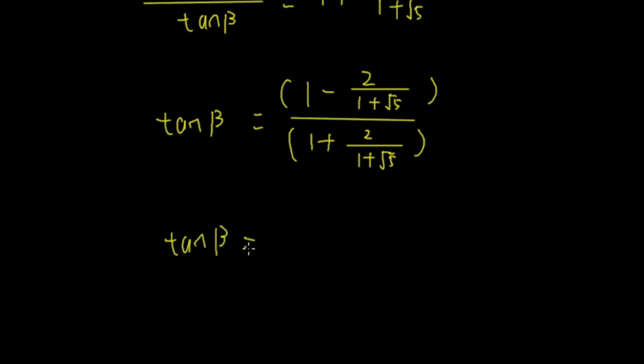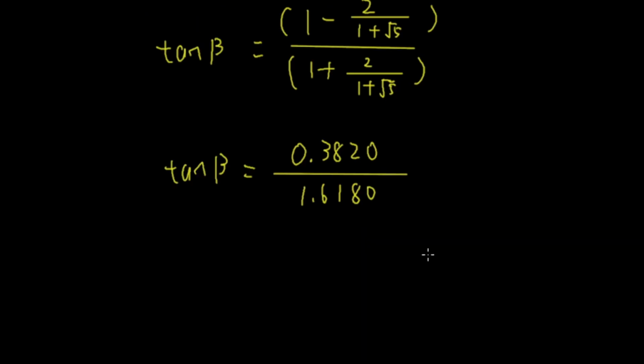If you want to write it in decimal, you can put it into the calculator. The numerator is approximately equal to 0.3820 divided by the denominator, which is approximately equal to 1.6180. That would give me approximately 0.2361.